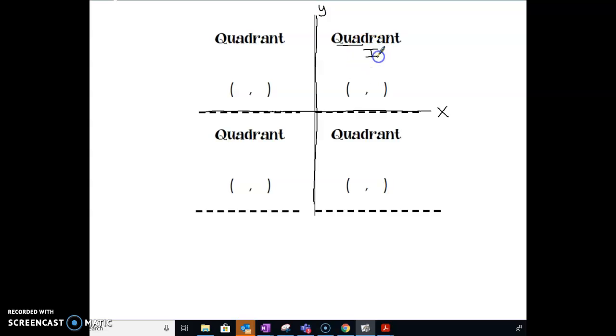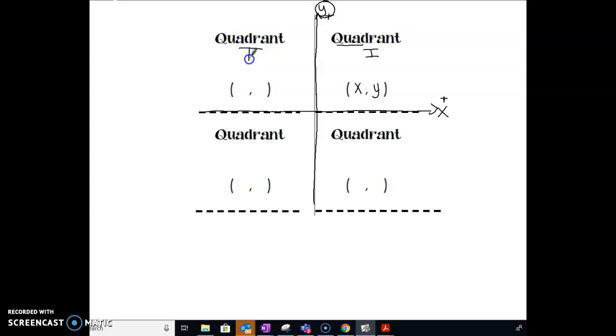Quadrant 1 is where the x and the y are positive. If you think about a number line and you go to the right, that is the positive direction. And if you think about moving vertically and going up, like temperature, y to the sky, that's going to be a positive direction.